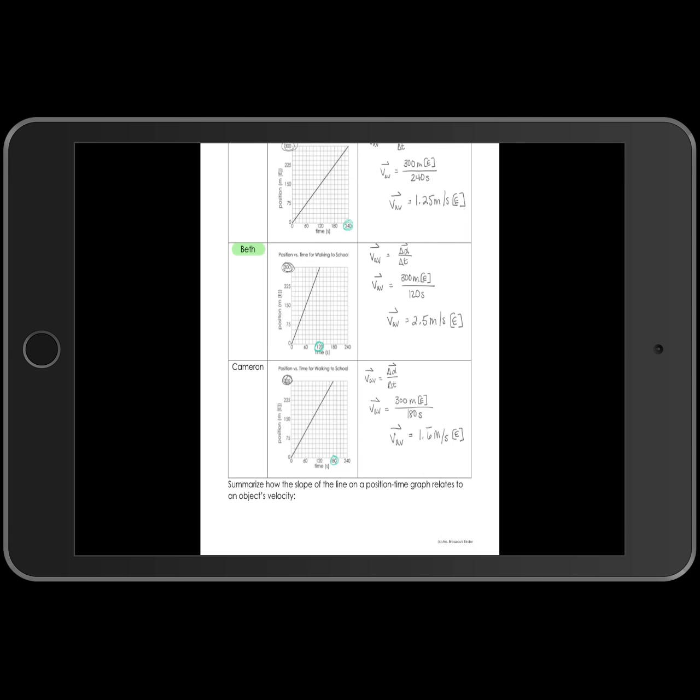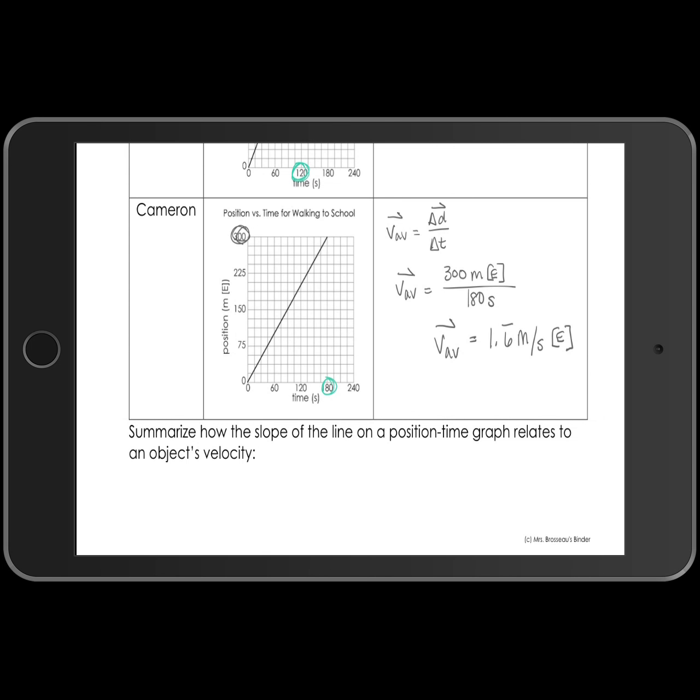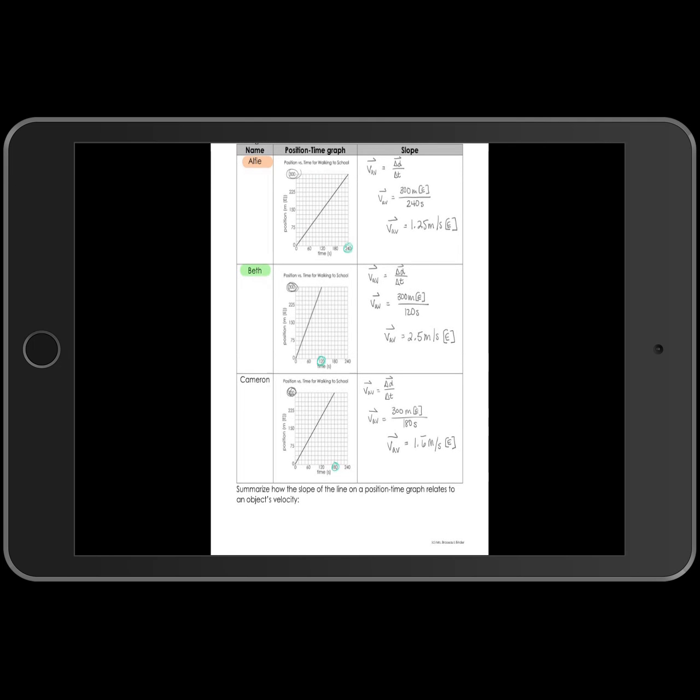So how the slope of the line on the position versus time graph relates to an object's velocity. If we look at the slope of these and the steepness of the slope, we can summarize which one was faster.